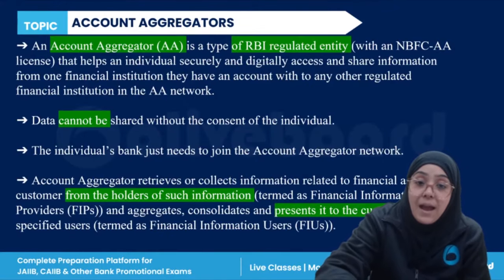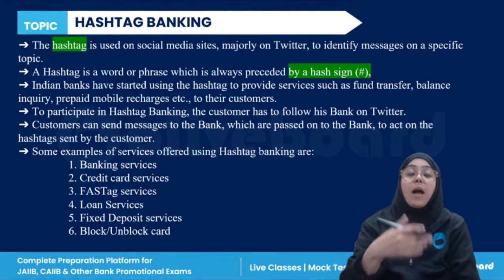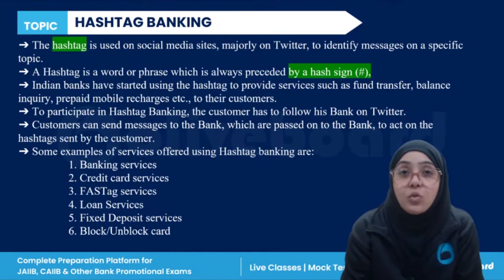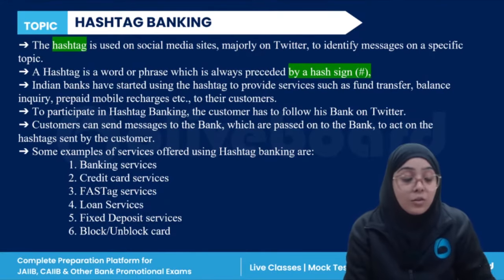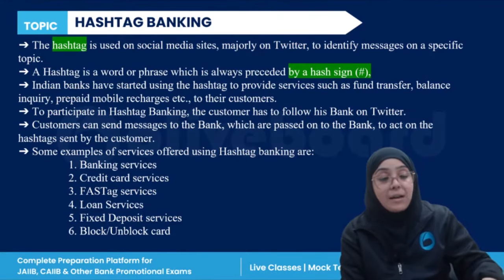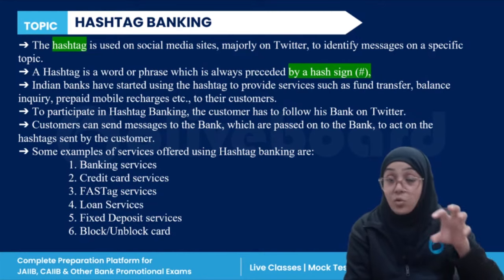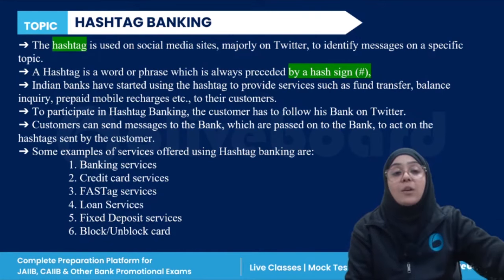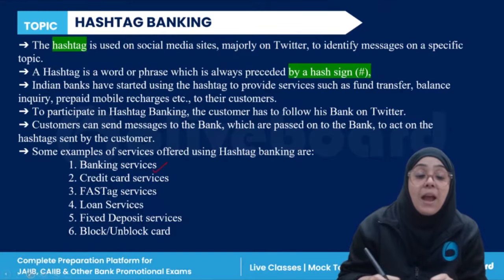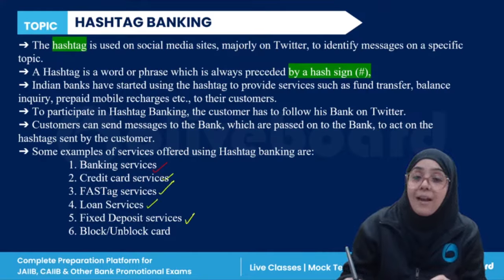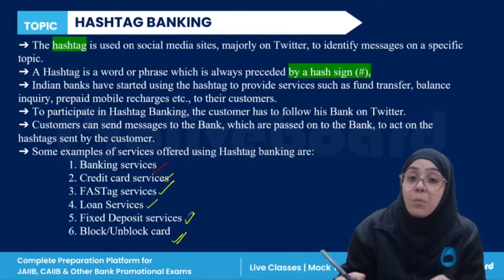Now, there can be hashtag banking. Hashtag bankings nowadays are used to increase the reach on social media, right? There are certain banking words that are used, and to increase the reach of that word, a hashtag is used. For example, hashtag banking services, hashtag credit card services, hashtag fast tax services, hashtag loan services, hashtag FD services, hashtag block unblock cards.